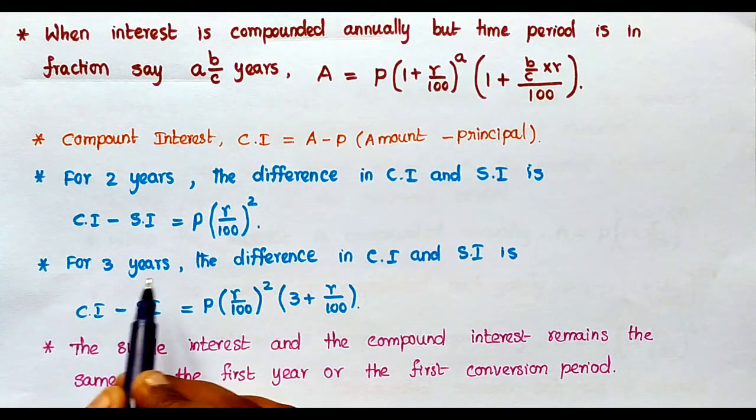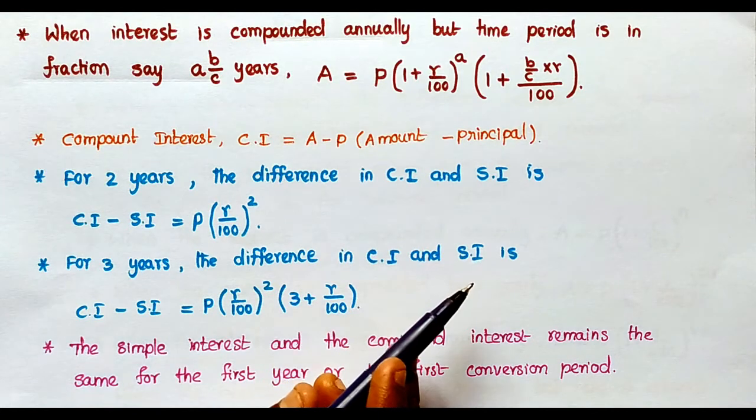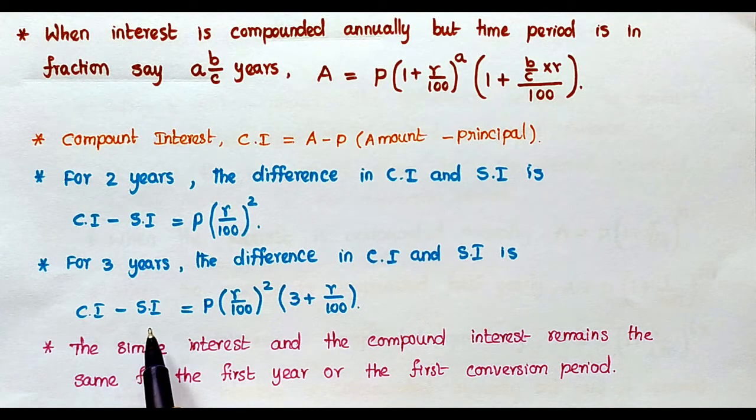For 3 years, the difference between CI and SI is CI minus SI equals P into (R by 100) whole square into (3 plus R by 100).